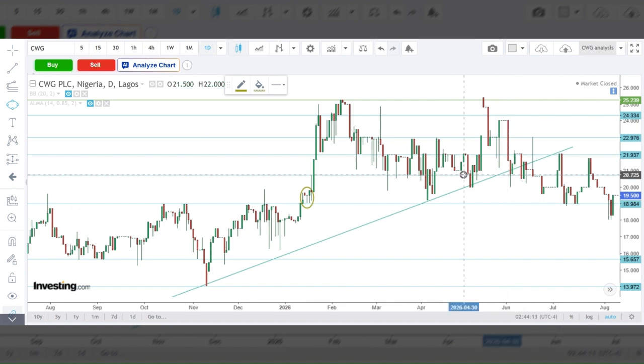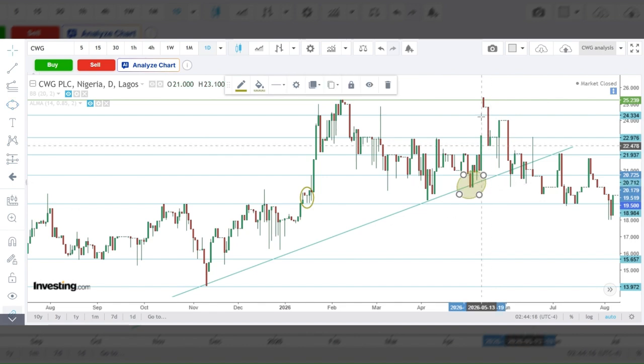This place here, it bounced on this line and then went up, and you can see that after it bounced, it went on a very strong upward trend and then came to this former higher high and pulled back again. People tried to buy into value, but it still went down.